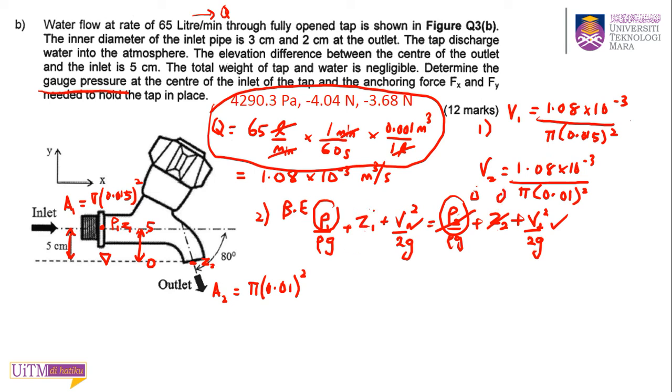So you have everything. You have Z1, you have V1, you have V2. So you can find your P1. Okay, P1 equals V2 squared minus V1 squared, over 2, times rho, minus rho times G times Z1.